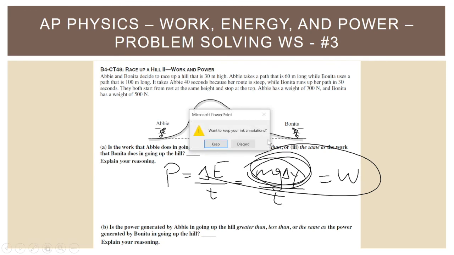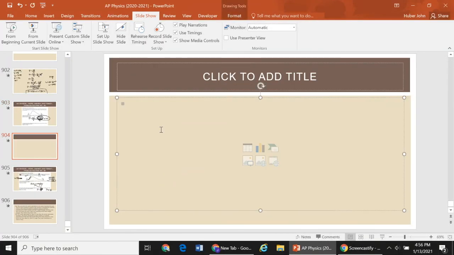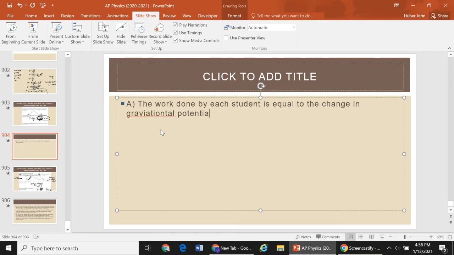And so what we can write here for this answer, for part A, is the work done by each student is equal to the change in gravitational potential energy, which is proportional to the mass of each student and their height change.